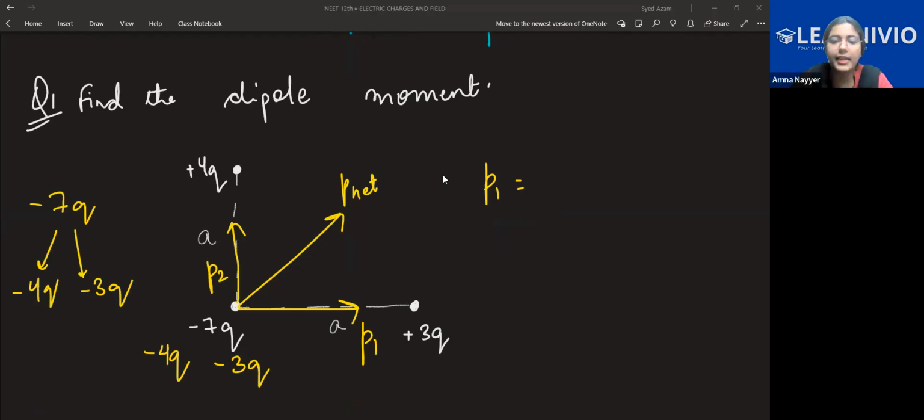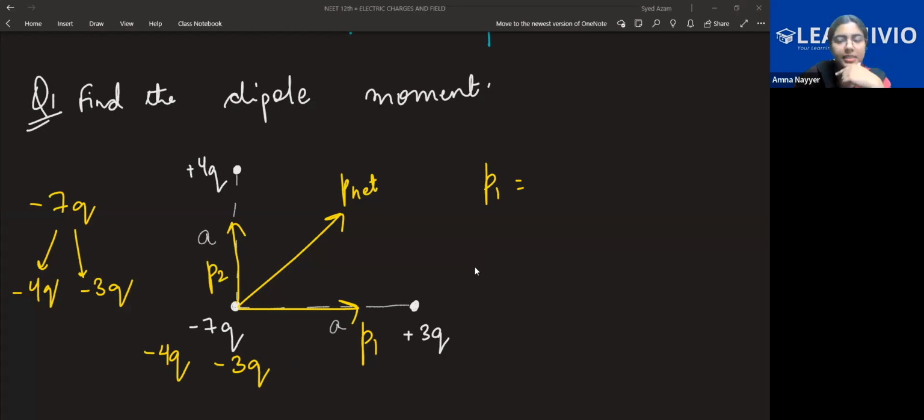Q into L, exactly. So what is the charge here, Jesleen, for P1? Value of Q. No, I'm not asking for P2, I'm asking P1. Plus 3Q will be called a dipole when you have minus 3Q, exactly. And Jesleen, one more thing.